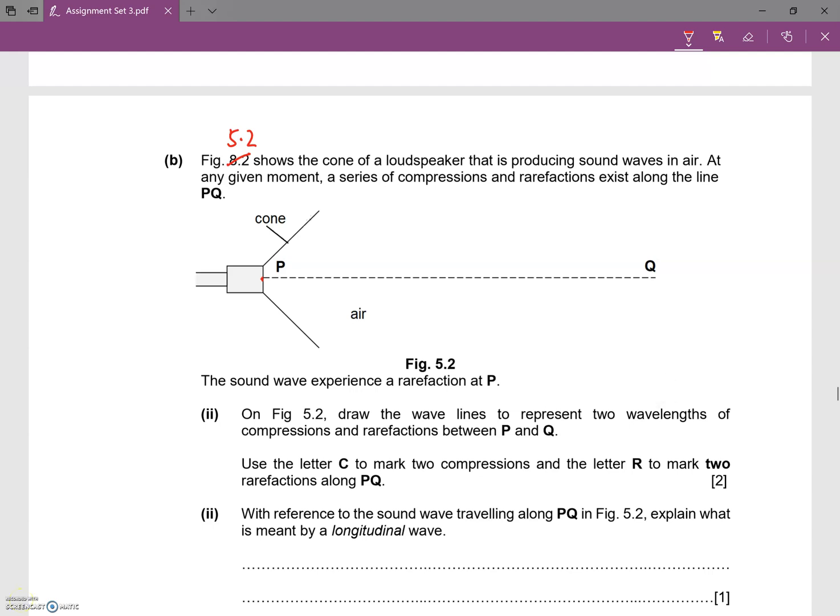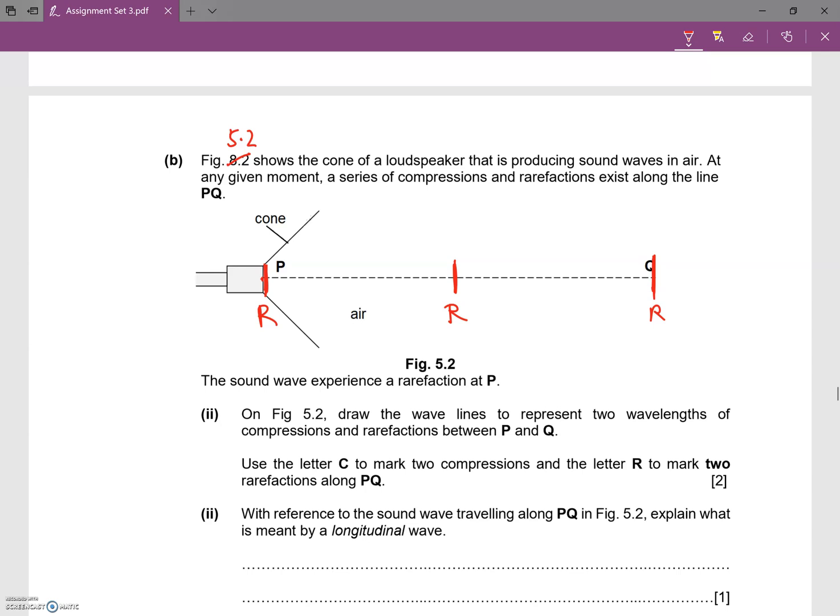So we know that it's a rarefaction here. We want two wavelengths, so from one rarefaction to the next rarefaction to the next. In total there should be 3 rarefactions so that we can have two wavelengths. From one rarefaction to the next is one wavelength, and from the next to the next is two wavelengths.